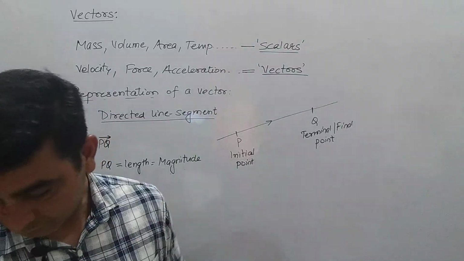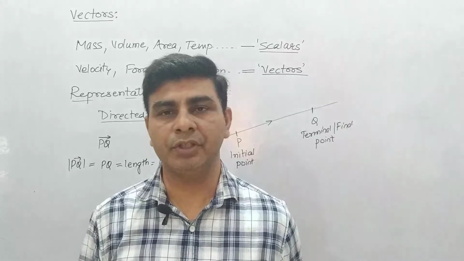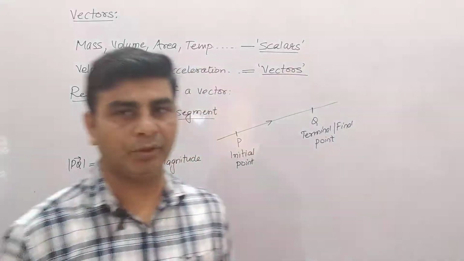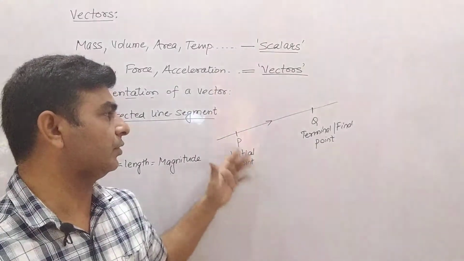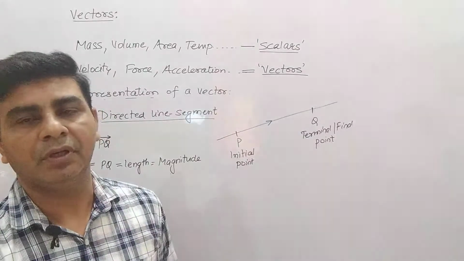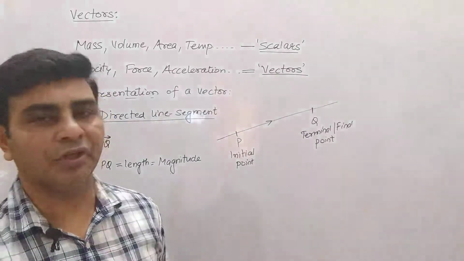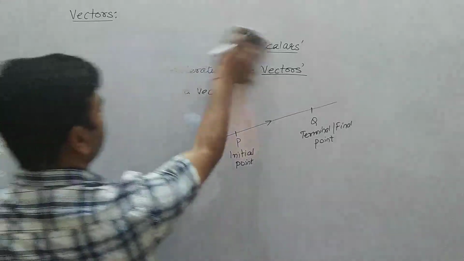Let's see how a vector can be formed passing through 2 points, because a vector is a quantity which is directed from one point to another point. So how can we form a vector in 3D?